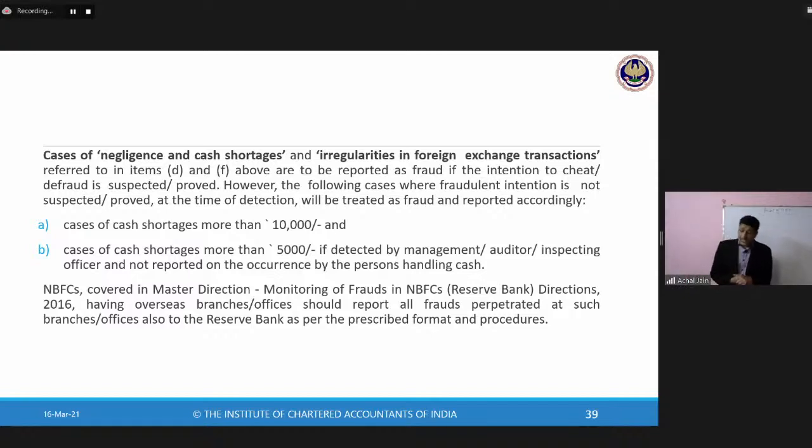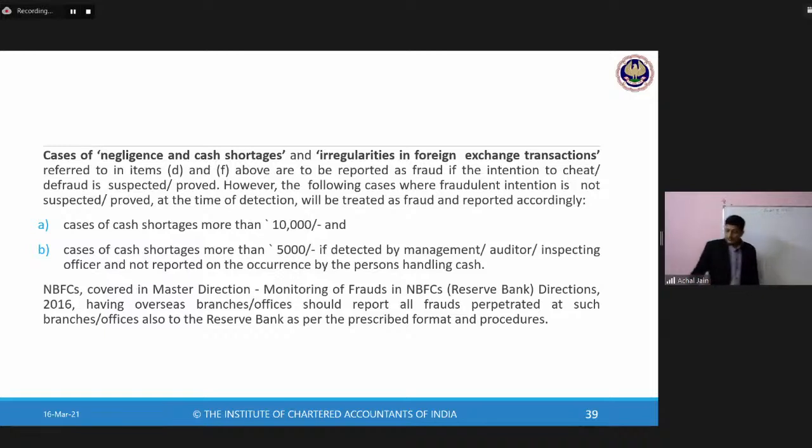But I would say this particular topic in NBFC should be considered very, very important by all of you. Whenever it comes to fraud, under any area, it is always considered very important. Whether you look at it from an examination perspective or otherwise, this should become an important area for consideration.